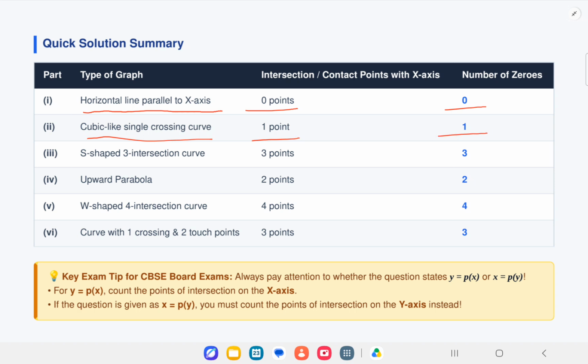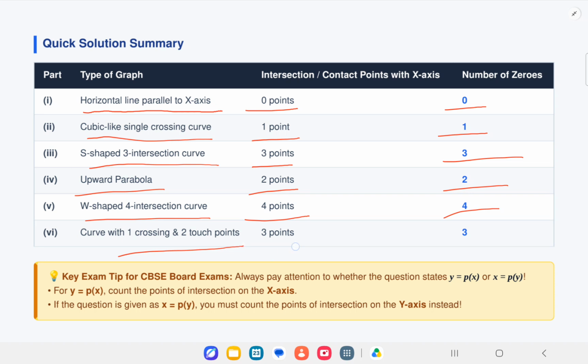Third part, S-shaped 3 intersection curve, 3 points, so number of zeros 3. Part 4, upward parabola, 2 points, so number of zeros 2. Fifth part, W-shaped 4 intersection curve, 4 points, so number of zeros 4. And sixth part, curve with 1 crossing and 2 touch points, 3 points, so number of zeros will be equal to 3.